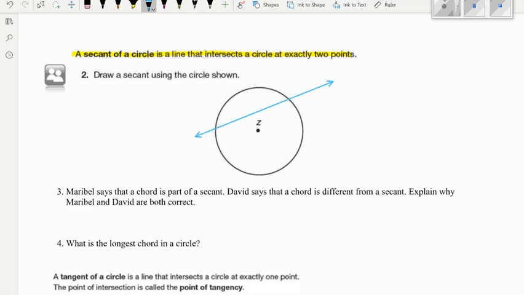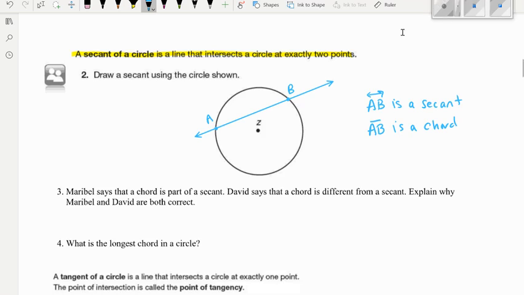We're going to call this A, B. So we would write AB is a secant. And if you were to write it like this, without the arrows on top, we would say AB, if it didn't keep going, is a chord. So if we just stopped at those 2 points.